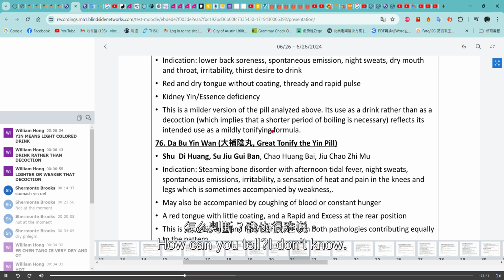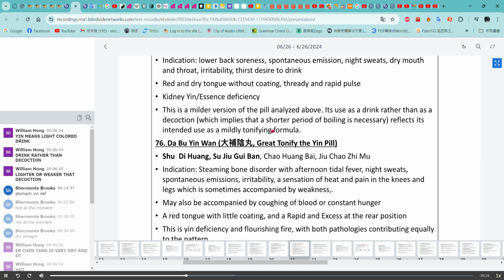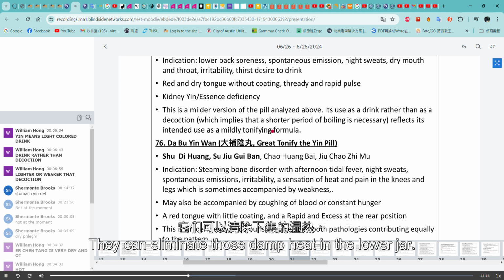Theoretically, how can you tell? I don't know. You have to decide. But again, they can address both heat and deficiency together, but they just clear heat, and they don't have any body fluid metabolism herbs like zixie, mudanpi, fuling that can eliminate the damp heat in the lower jiao.